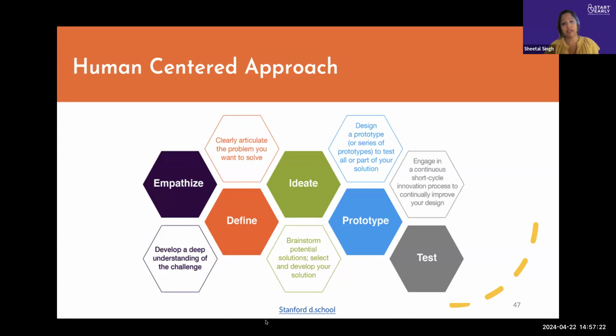And then when you do finally settle on what you want to do, you put it out in a way that, again, is iterative. So you're testing it and thinking about how you can continually change your design over time to meet the changing needs of the people in your system. Next slide, please.